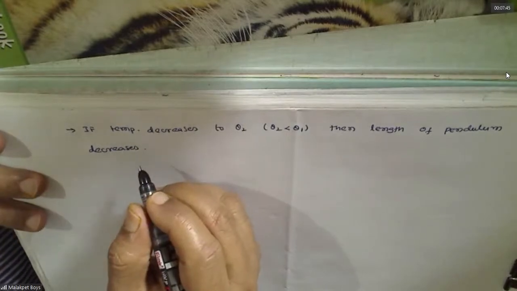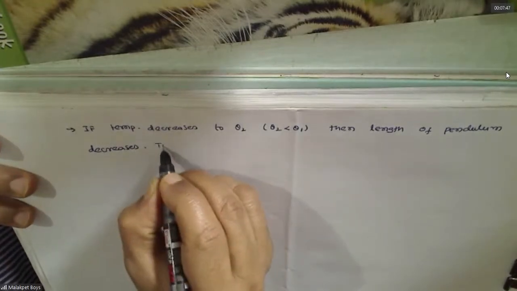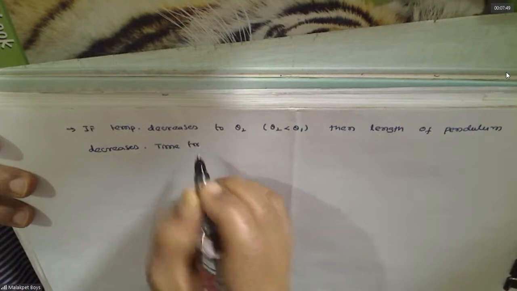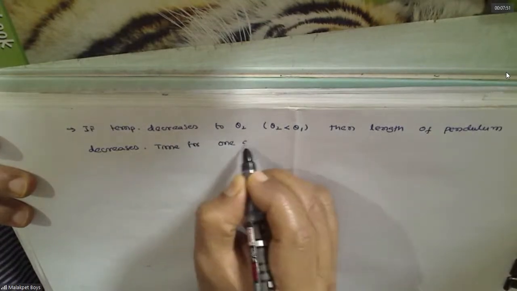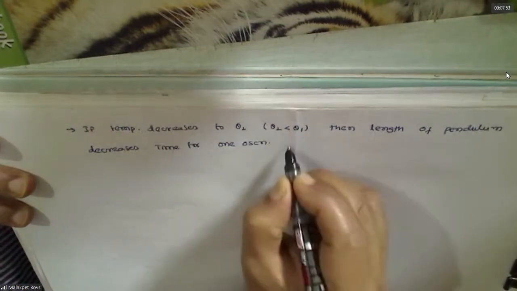When length of pendulum decreases, what will happen? Time for one oscillation decreases. The pendulum moves faster, and the clock shows more time than the actual time.